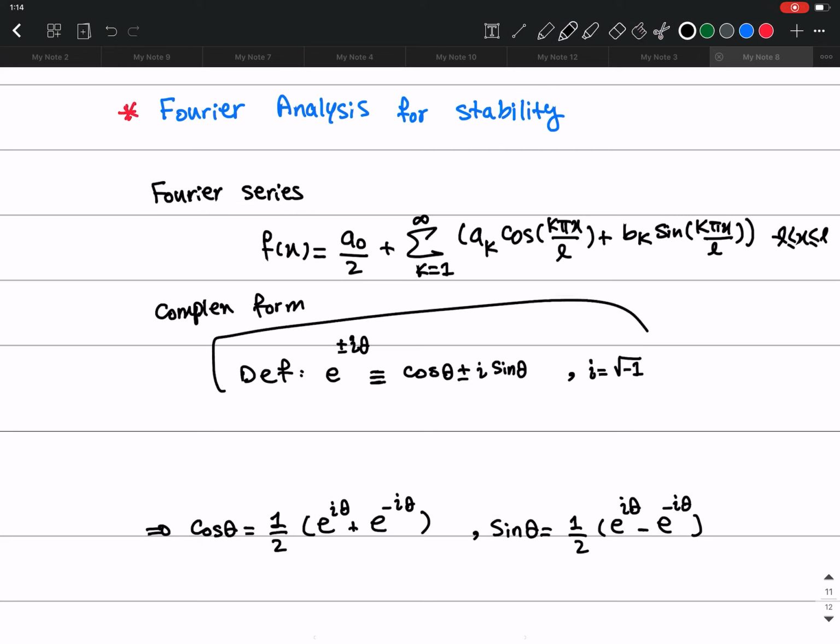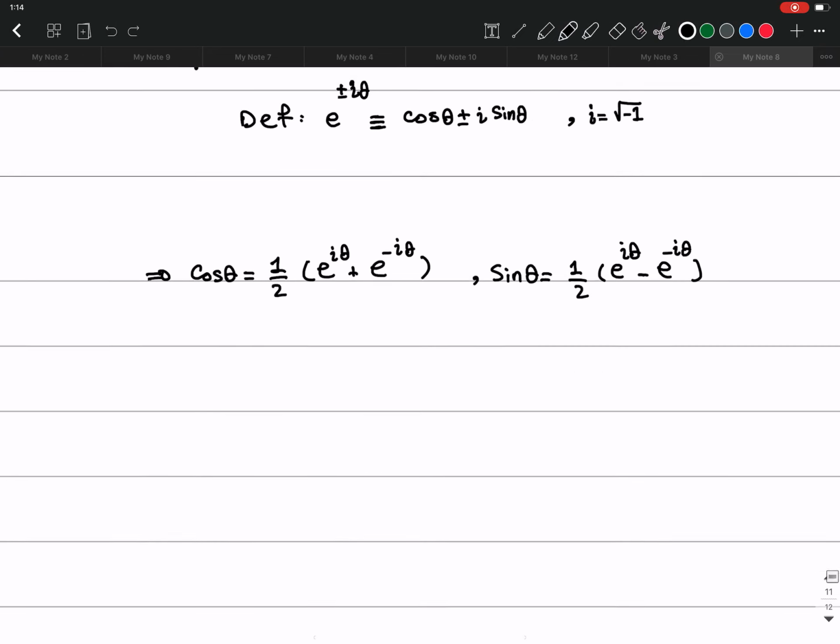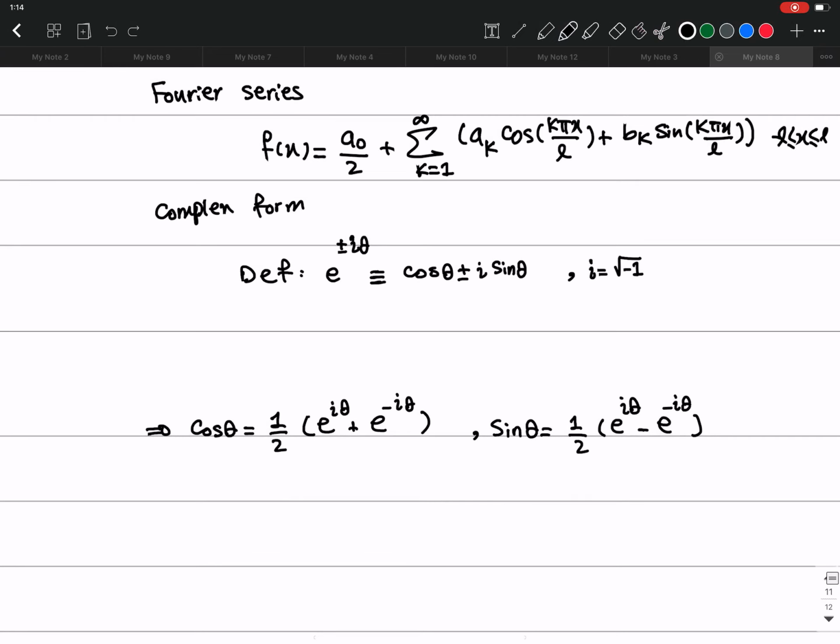Just look at this definition here, and then you can write this based on that. Very simple. And then we substitute this into the Fourier series, and what you get finally is this.